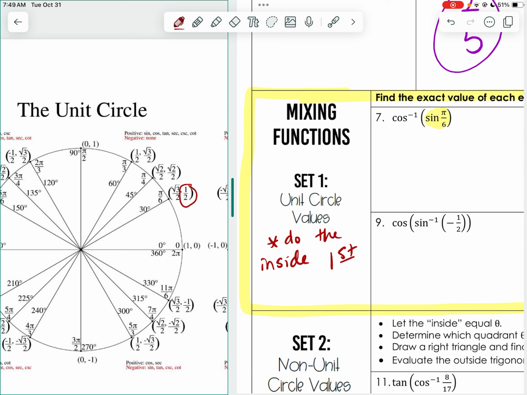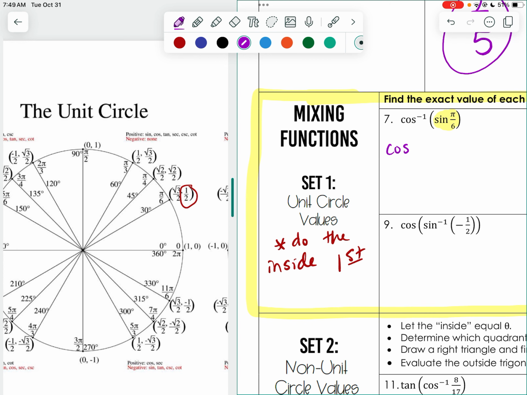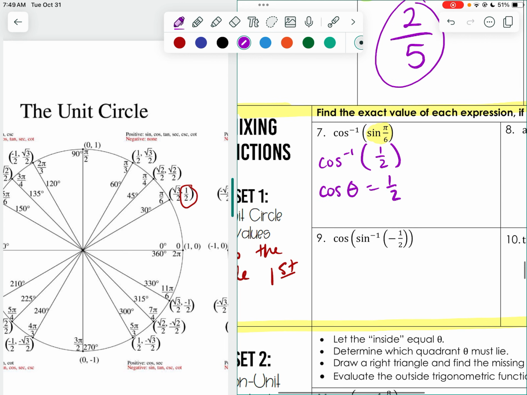So I'm going to rewrite this as inverse cosine of 1/2 because the sine of pi over 6 is 1/2. So now remember, inverse always means you're looking for an angle. So this really means the cosine of what angle is 1/2. And then this goes back to what we were doing previously, where you need to know your domain restrictions. So for cosine, can only be the top 2 quadrants.